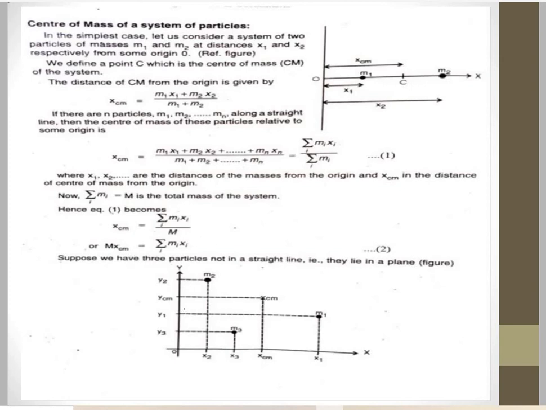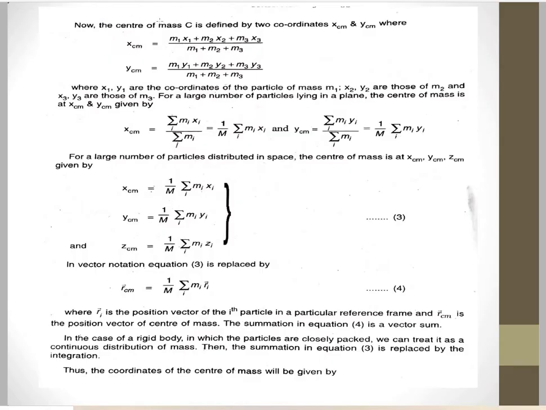So we can extend this two-dimensional version into a three-dimensional version also. So we can find the xcm of a three particle system. Suppose we have three masses m1, m2 and m3. Their x components are given by x1, x2 and x3. So xcm can be written as m1 x1 plus m2 x2 plus m3 x3 divided by m1 plus m2 plus m3.